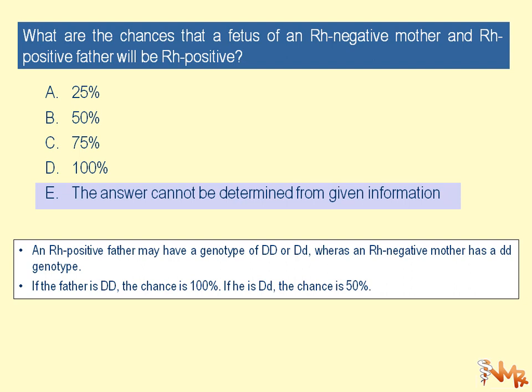If the father is 2 capital Ds, or homozygous for capital D, the chance is 100% that all children will become Rh positive. But if the dad is capital D small d, or heterozygous for D, the chance is going to be 50%.